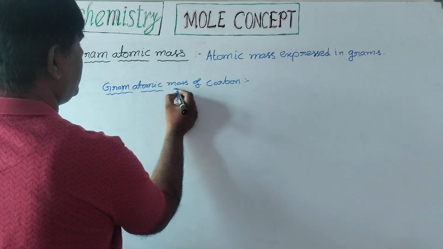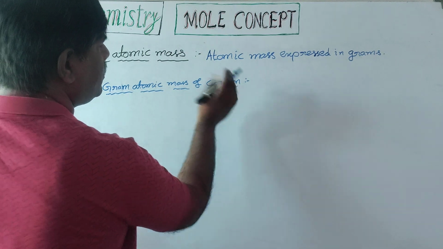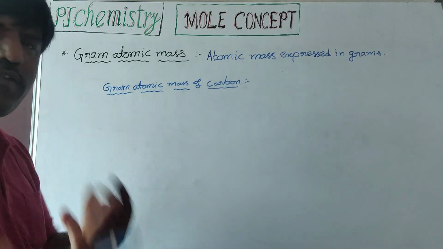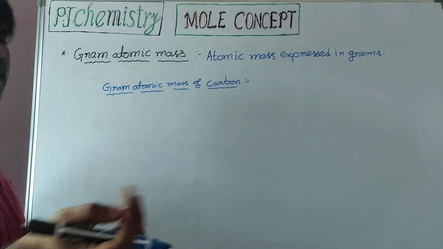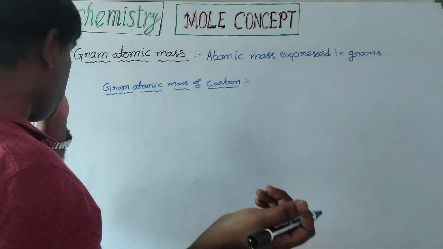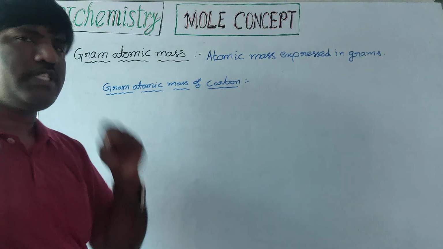I want to calculate the gram atomic mass of carbon. If you listen to one example clearly, automatically you will get the remaining. Why should we mention that? Why do they directly mention gram atomic mass like that? So here, the gram atomic mass of carbon.